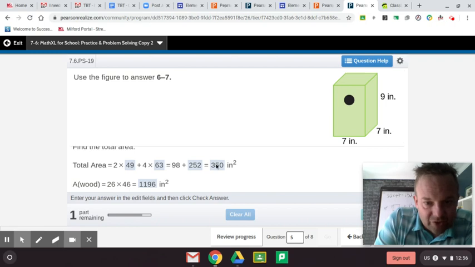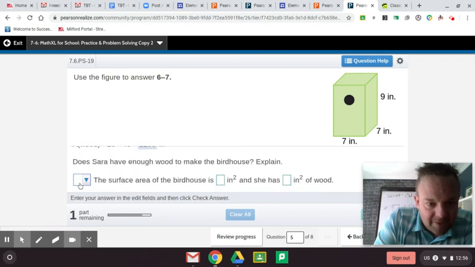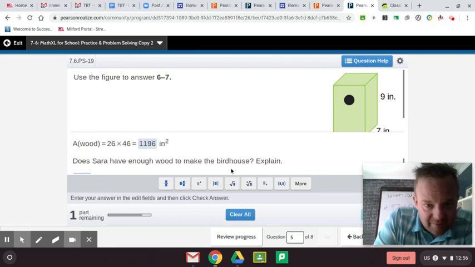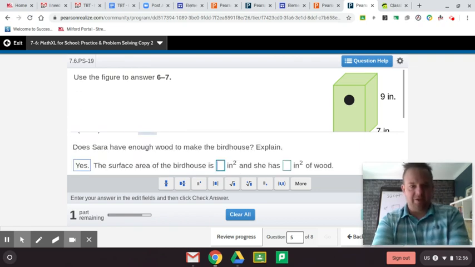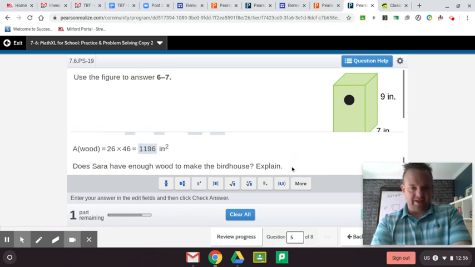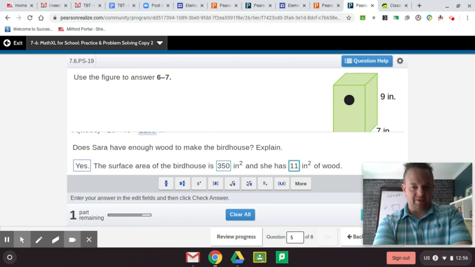Yeah. She only needs this much, and she has that much. So, yes, she has enough wood. Yes, the surface area of the birdhouse is only 350 inches squared, and she has 1,196 inches squared of wood.